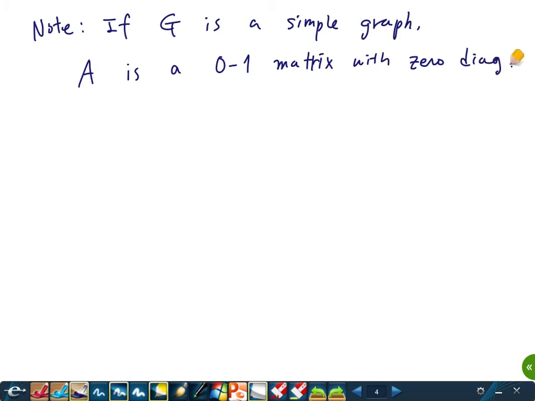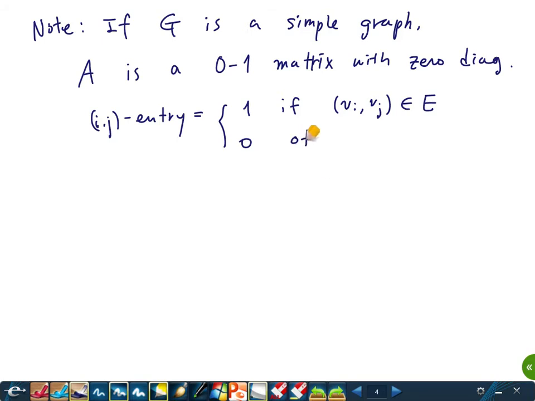Diagonal entries must be 0. So, in fact, the ij entry is either 1 or 0, right? Because it's a 0-1 matrix. 1 if the ith vertex and jth vertex are connected by an edge, 0 otherwise. So it's simpler.